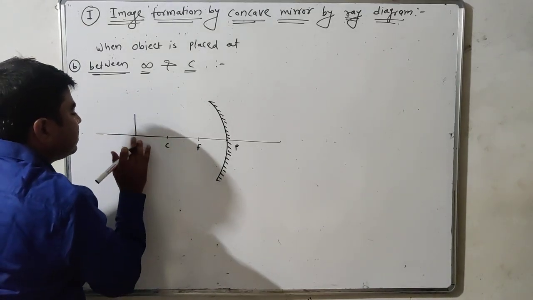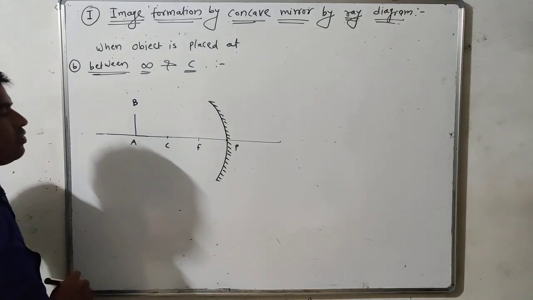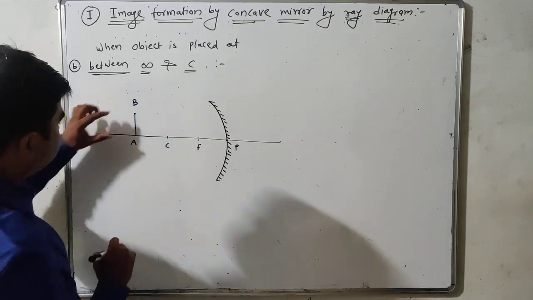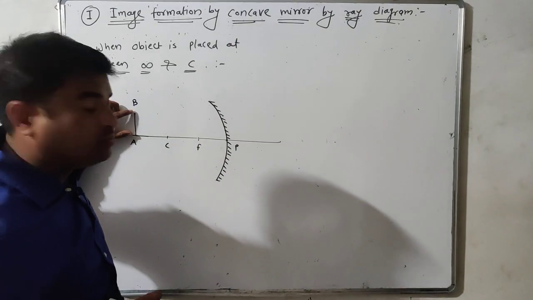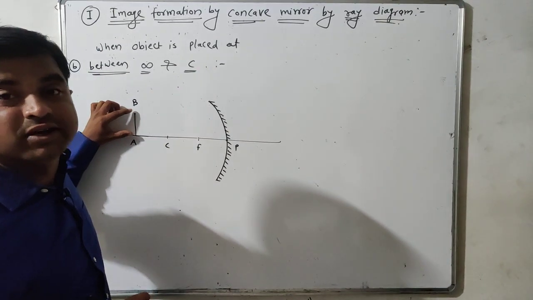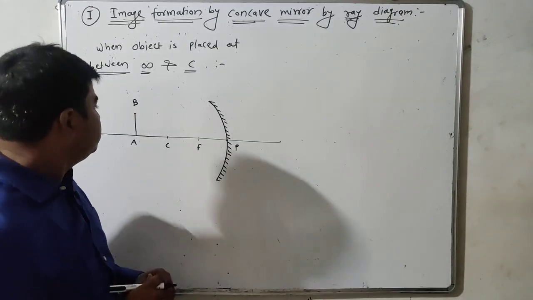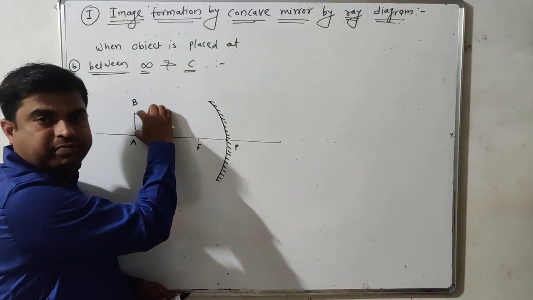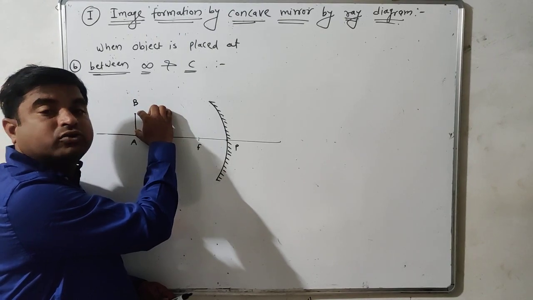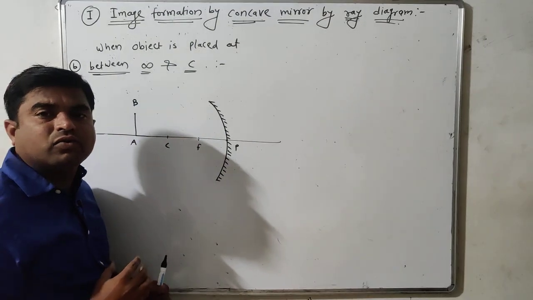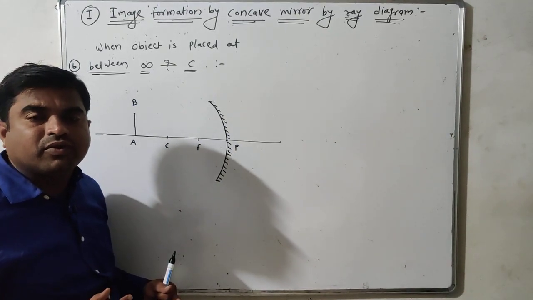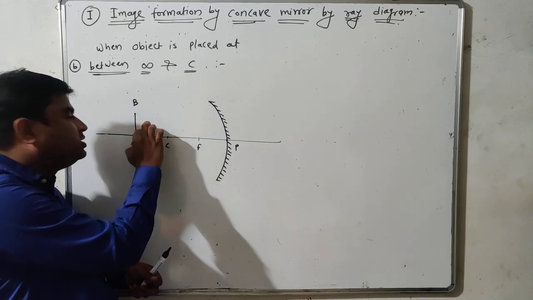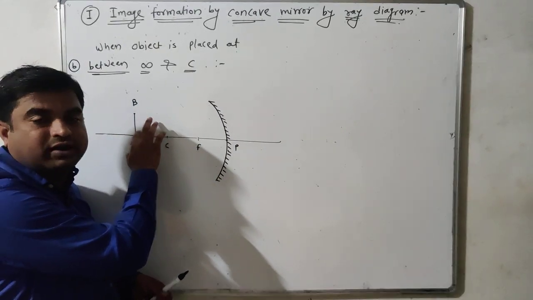If we take a linear object AB, like this, this is the linear object AB. Now we need to find out the position of its respective image. What is the position of its respective image? Got it? So student, as you know, this is the object, and whenever we see any object, each and every point that lies on that object behaves as a secondary source of light.